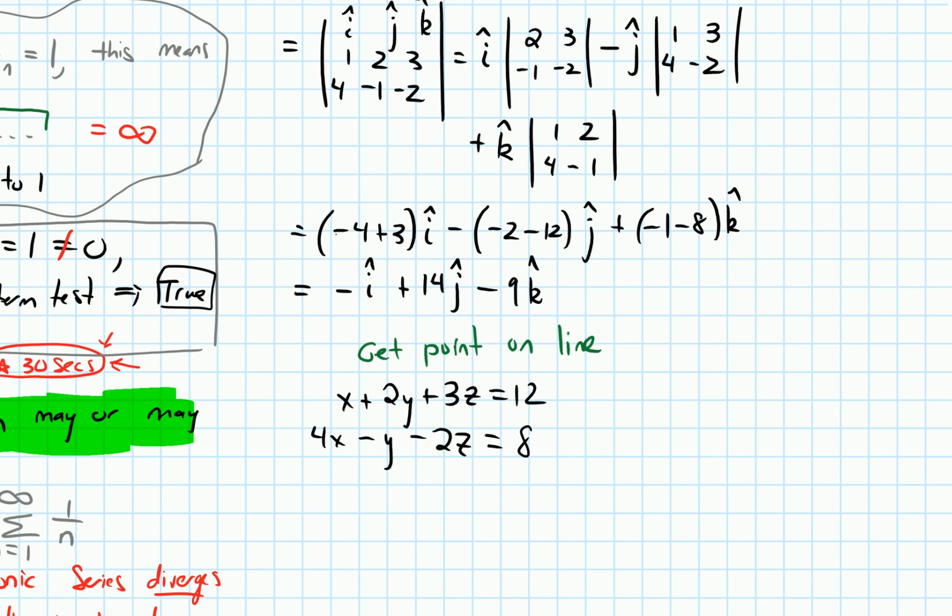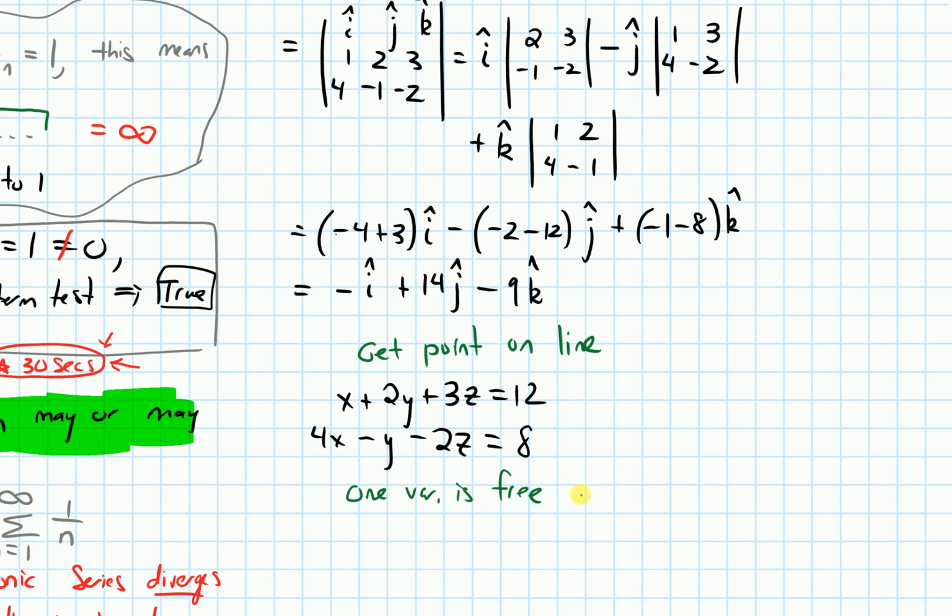Okay, so I know based off the picture that there should be an infinite number of solutions to this system of equations, because there's an infinite number of points that are on the line. And I have these two equations, but 3 variables. And that means that one variable is free, which means I could pick any value that I want for it.